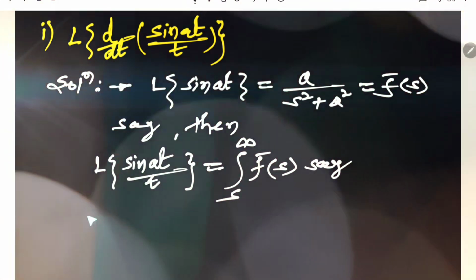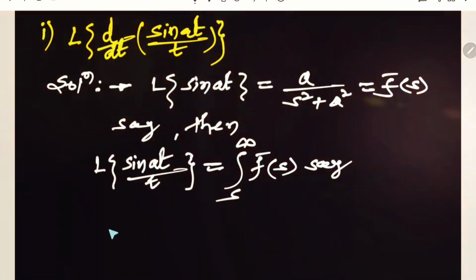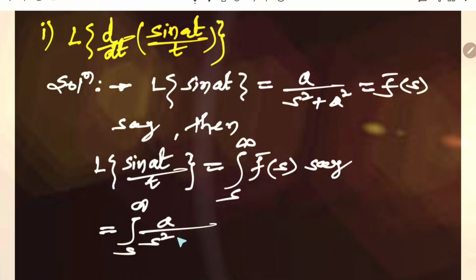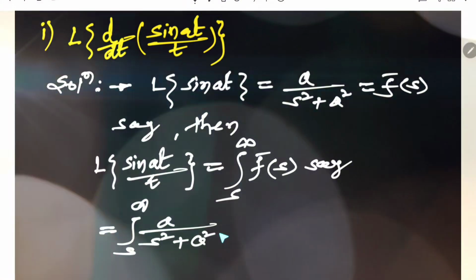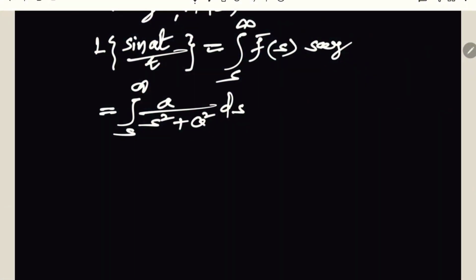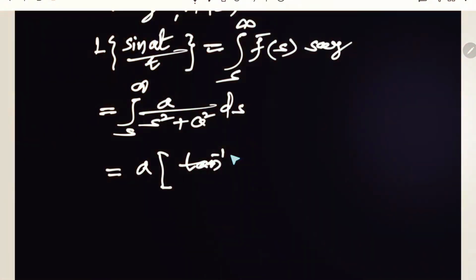Then it is integration from s to infinity, and what is f bar of s? It is a upon s square plus a square, with respect to s. A is constant, we take outside the integral sign, and the standard result of integration of 1 upon x square plus a square is tan inverse of x by a.